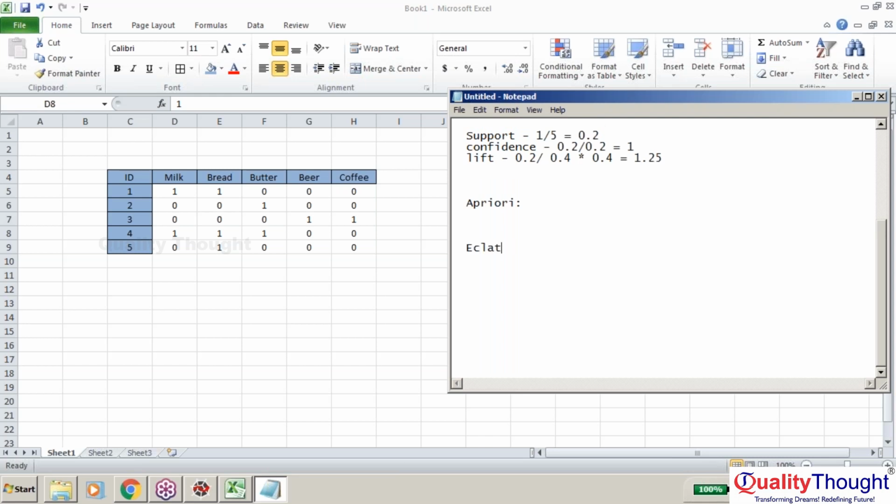Coming to the apriori algorithm, this generally uses a breadth first search strategy. Let me write this down. Breadth first search strategy. This is a strategy where it goes breadth wise to count the support of item sets.